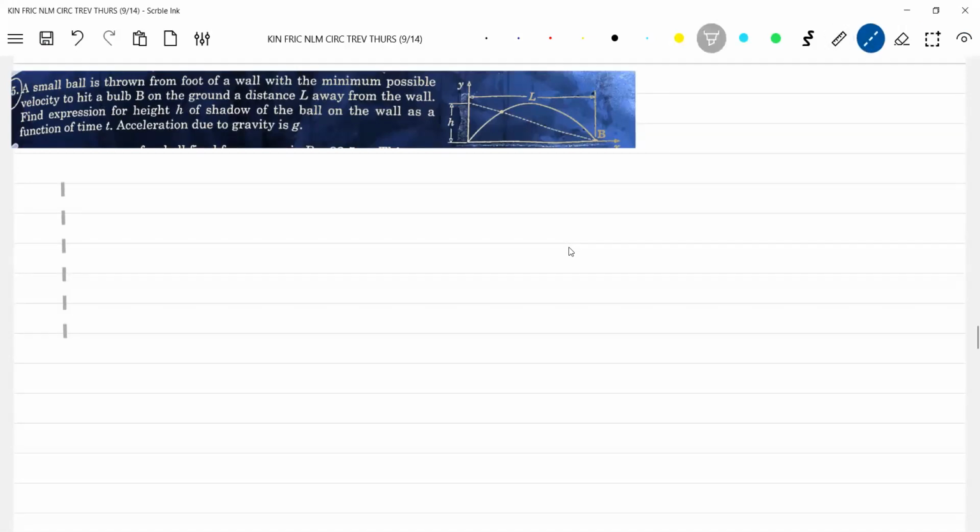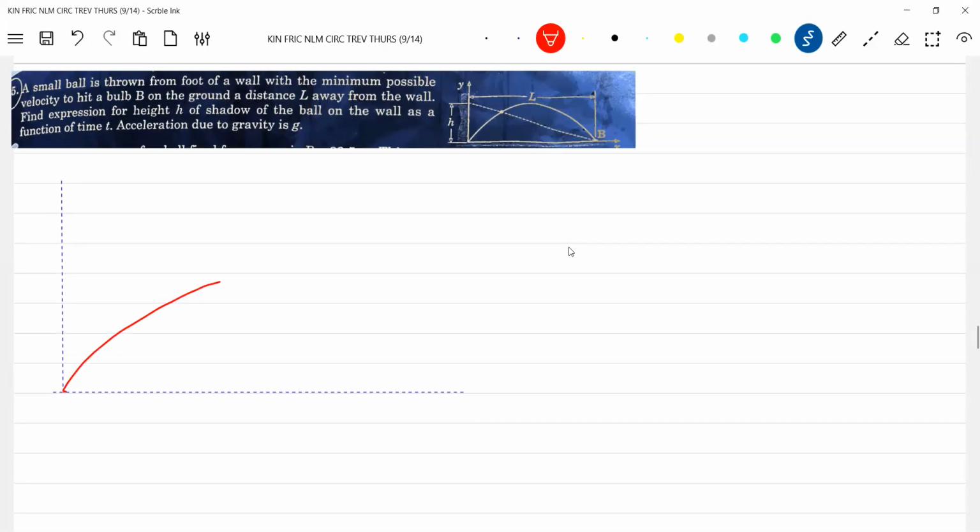Let me construct the diagram. Okay, it's going to be a parabolic path. Initially, t equals 0. I'll project the ball from here.